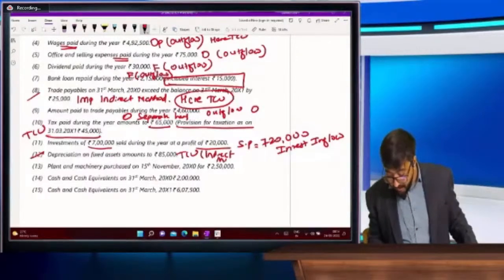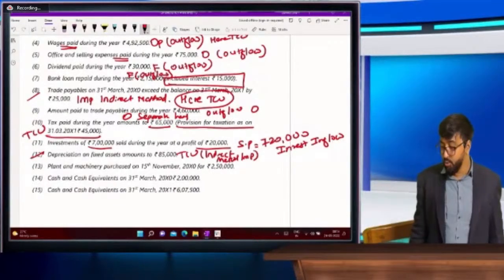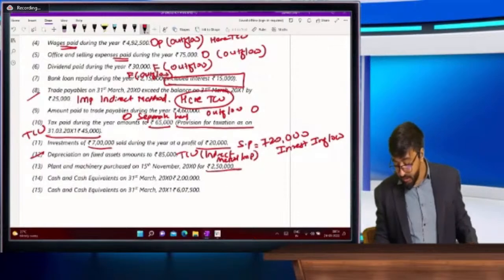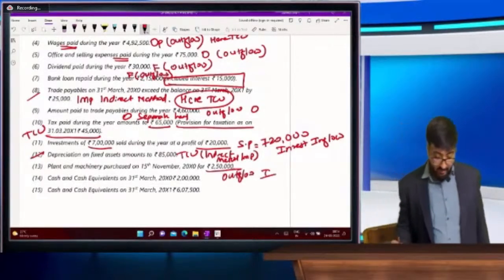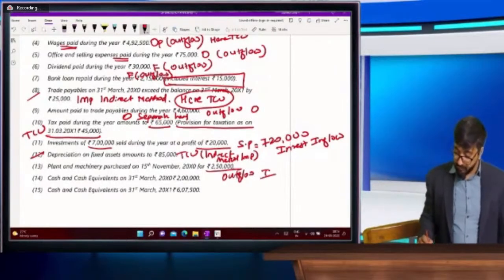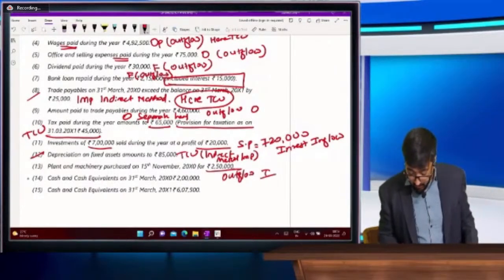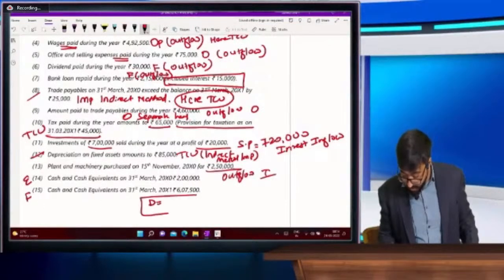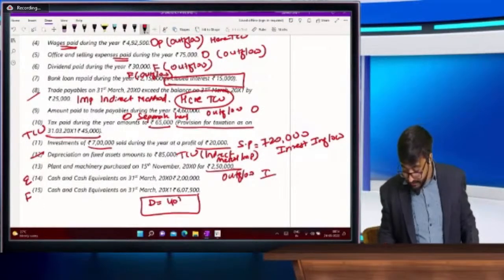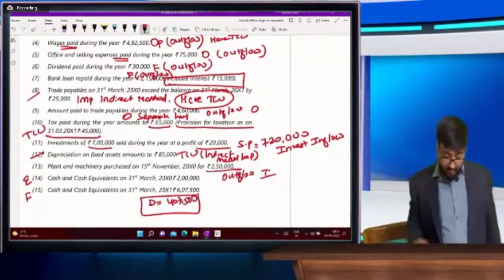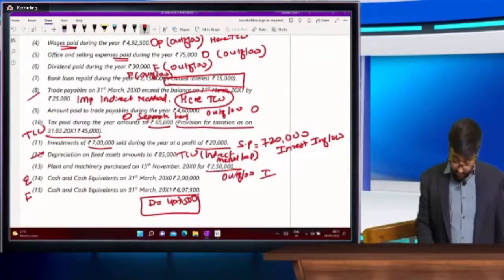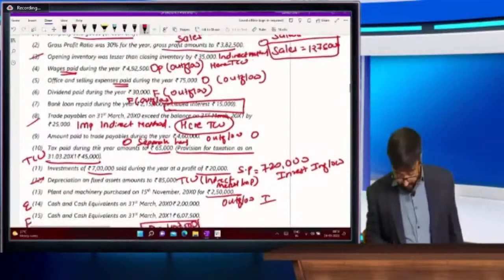We will add it back. Otherwise, no need. Plant and machinery outflow, investing activity. Cash and cash equivalent. So what is D? D is equal to 4,07,500. Sir, what is the meaning of this?